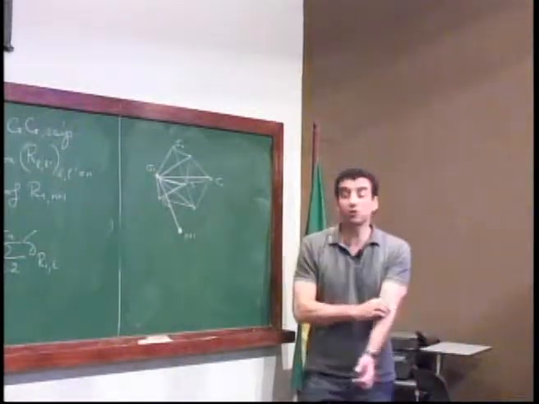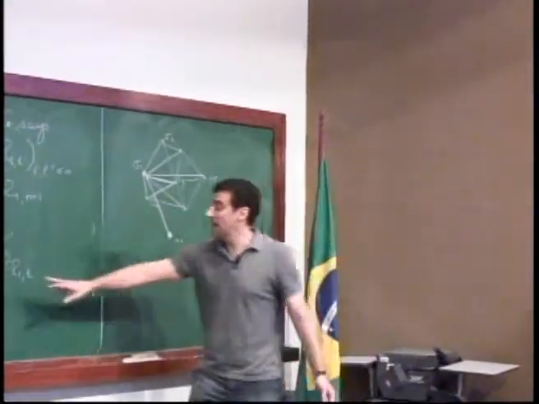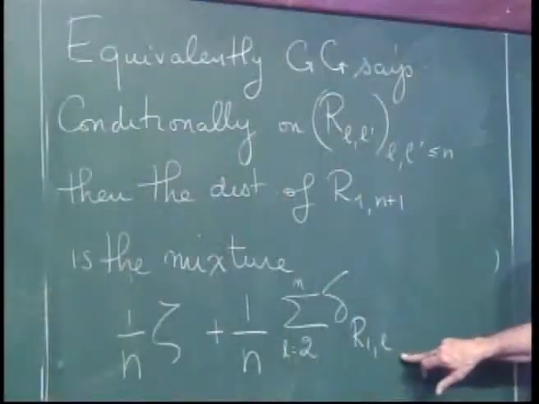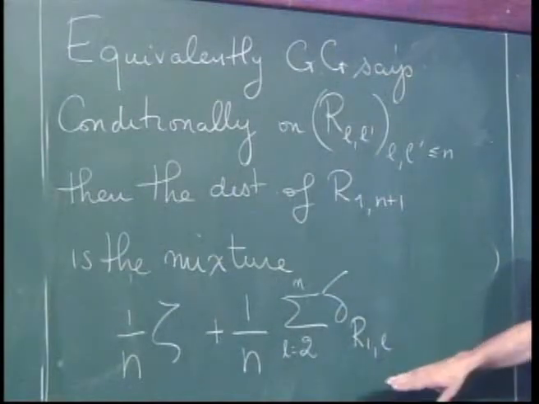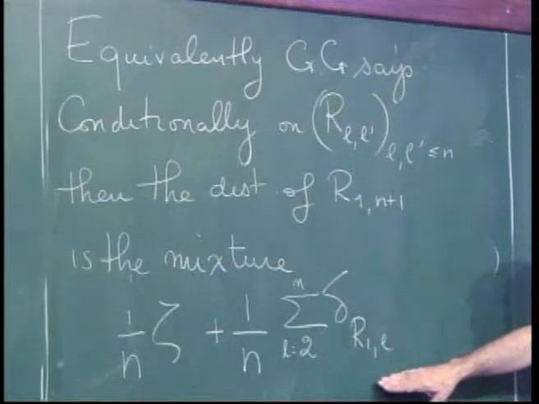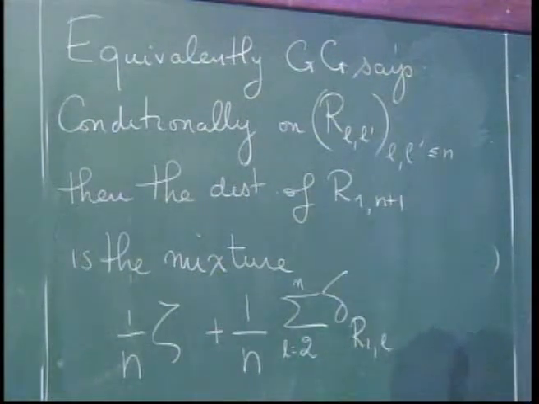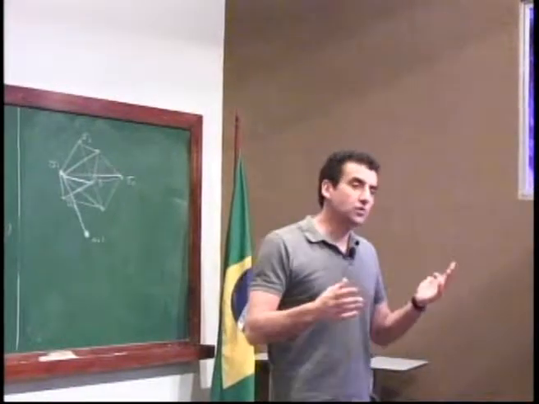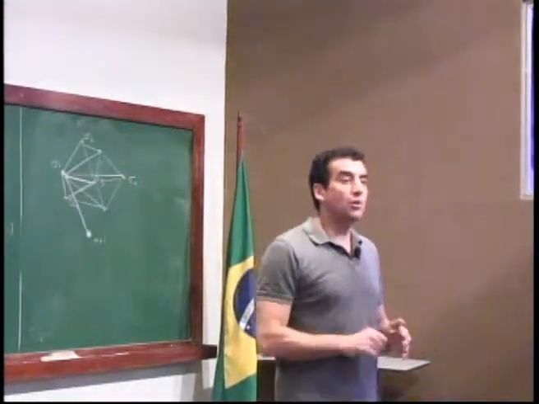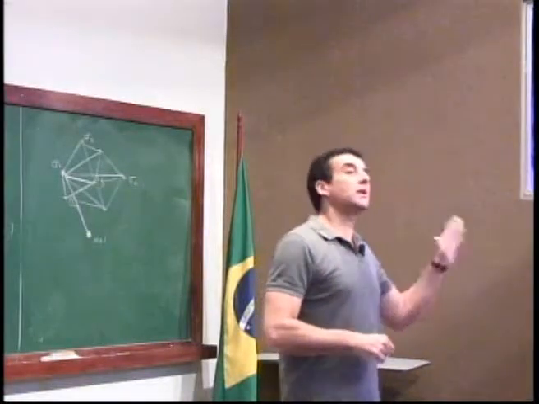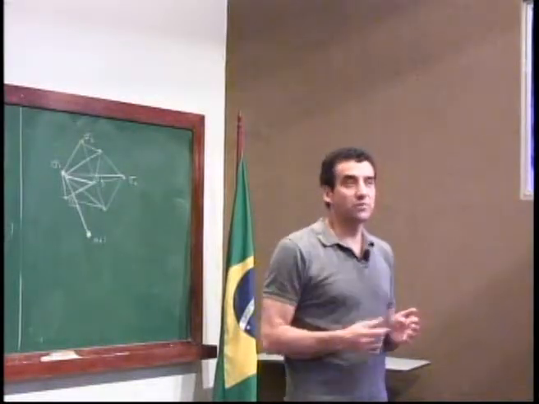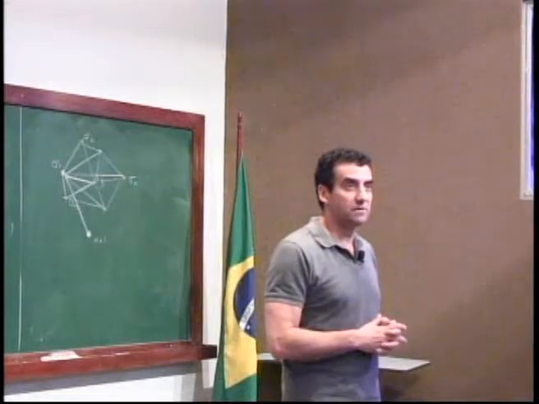And of course, if I choose one that I already have, I have to weigh them with the same weight because of the exchangeability. So I'm saying the following thing. I'm extremely conservative. Every time you give me the information about n points, the next distance I choose is one of them. And sometimes I choose to say, okay, I don't want to know. I just choose it completely randomly under the natural distribution. That's what Ghirlanda-Guerra means.